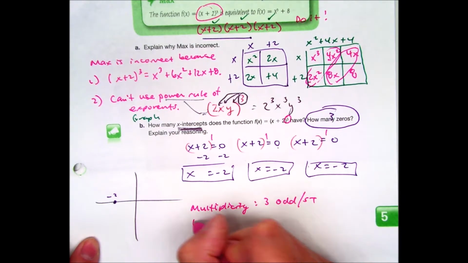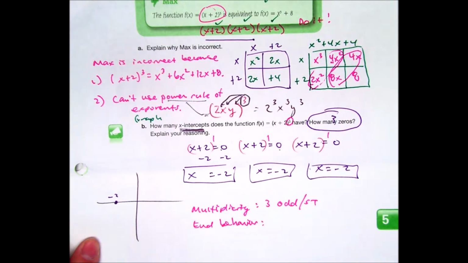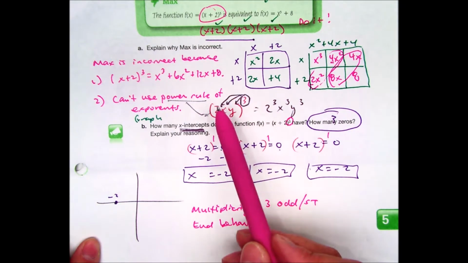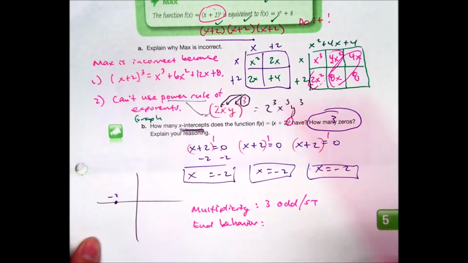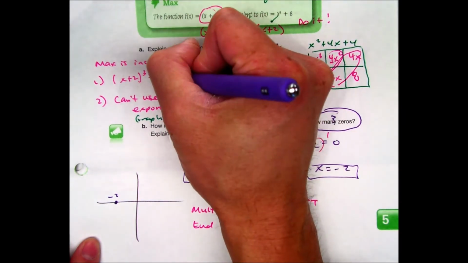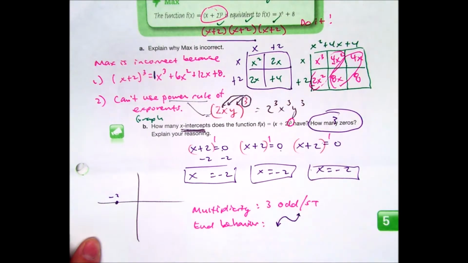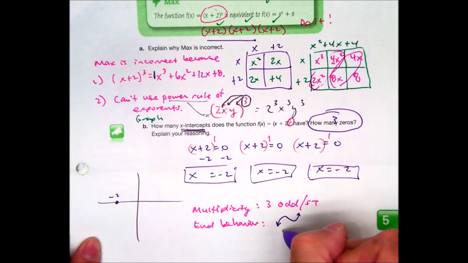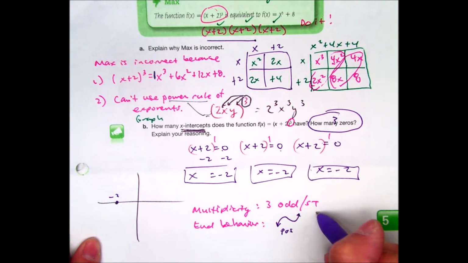Talk about its end behavior. This function, if you look at the a value, let's look at ours. Is that positive or negative? Positive. So because this a value is positive, it's going to start down and up. If it was negative, like a negative 1, it would just do the opposite, start up and down.